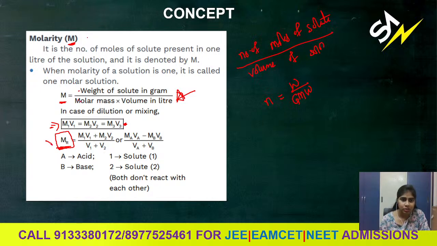So this is also one of the important formulas. If 2 solutions are added and we need the resulting molarity, we add M1V1 plus M2V2 and divide by the total volume. In this way we get the molarity of the solution.